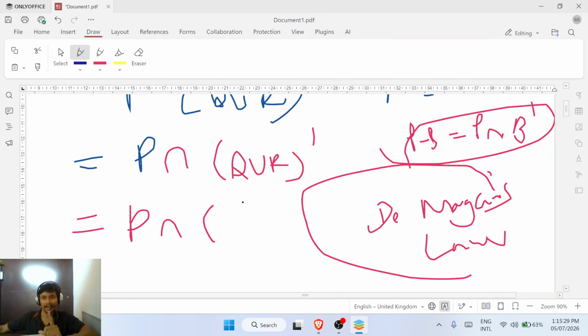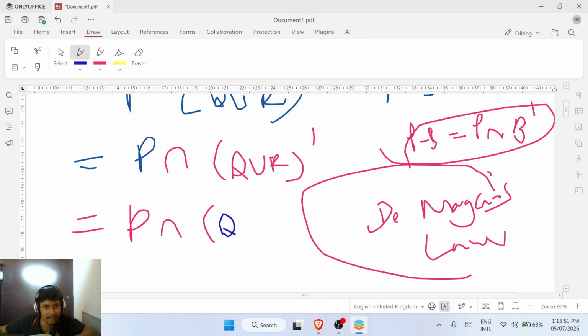What is it according to De Morgan's law? If I want to tell you exactly, according to De Morgan's first law, P intersect (Q union R) dash: I have to apply this dash to everything.